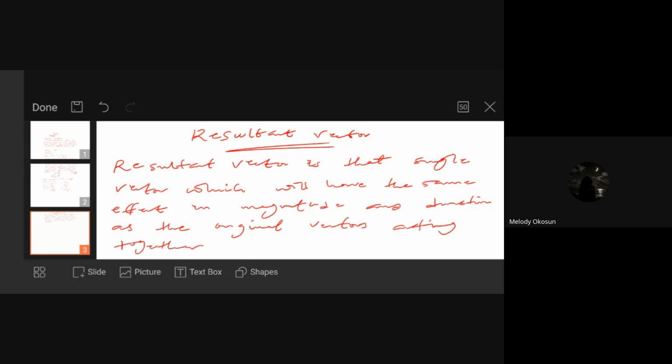All right, so this is how we define a resultant vector. So we say it is that single vector which will have the same effect in magnitude and direction as the original vectors acting together. You see that?